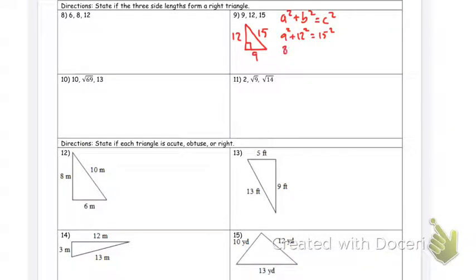So 9 squared is 81. 12 squared is 144, and 15 squared is 225. Let's add these two to see if it equals 225. So 81 plus 144, that is 225, and that is equal to 225. So this is a right triangle. Yes, it is a right triangle.